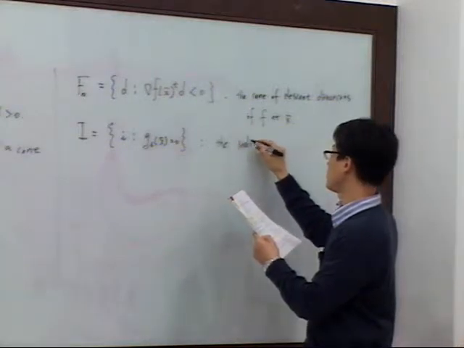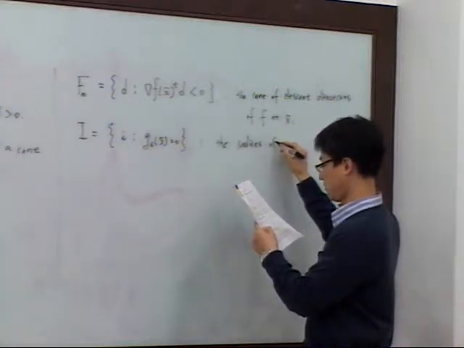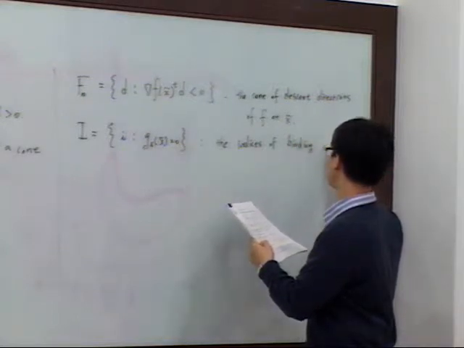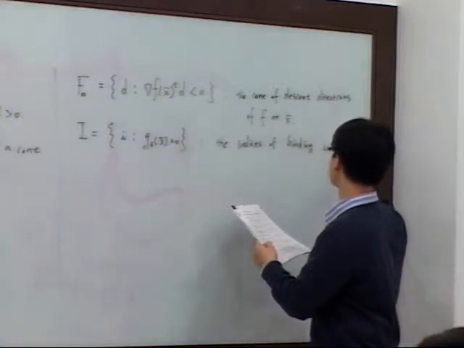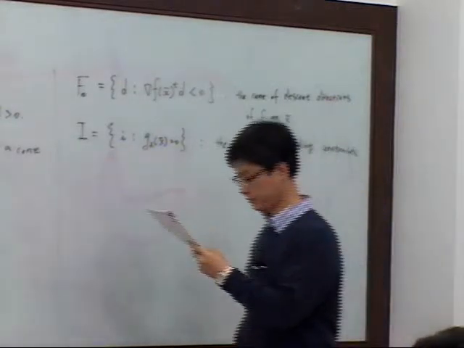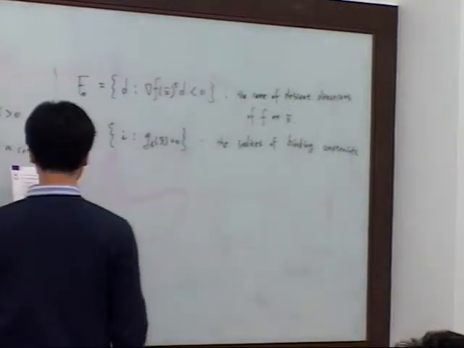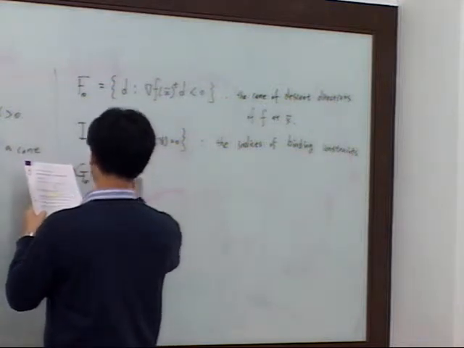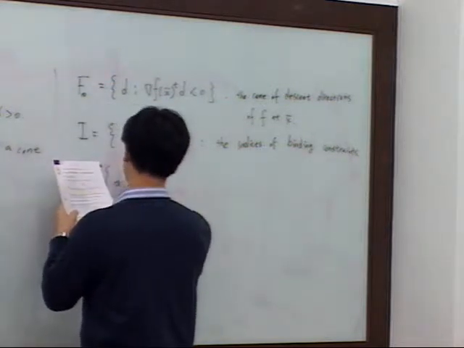The indices of binding constraint. And large G sub 0 is a set of directions.